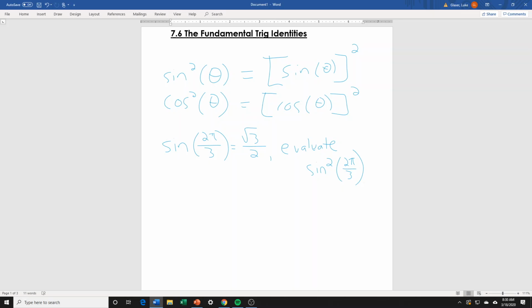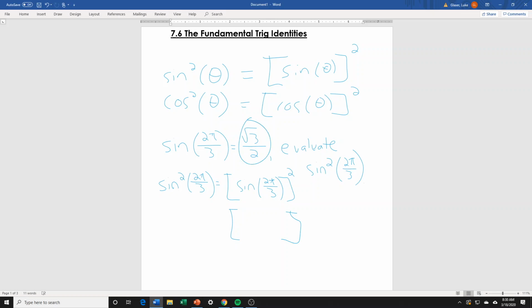Well, we know that sine squared of 2 pi over 3 can be rewritten as sine of 2 pi over 3 squared. We square the whole thing. We know that sine 2 pi over 3 is root 3 over 2, right?